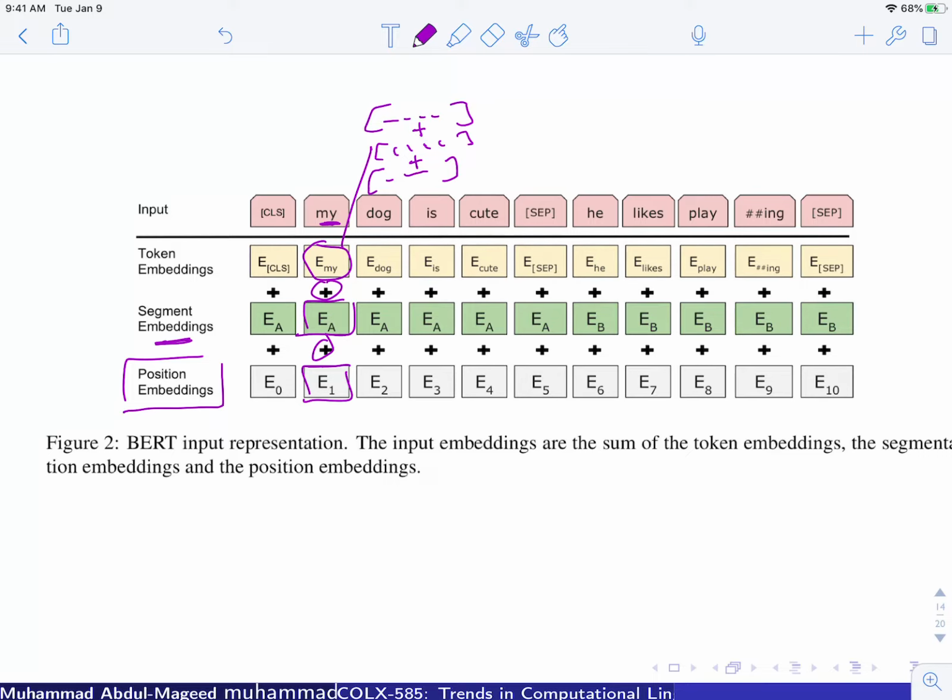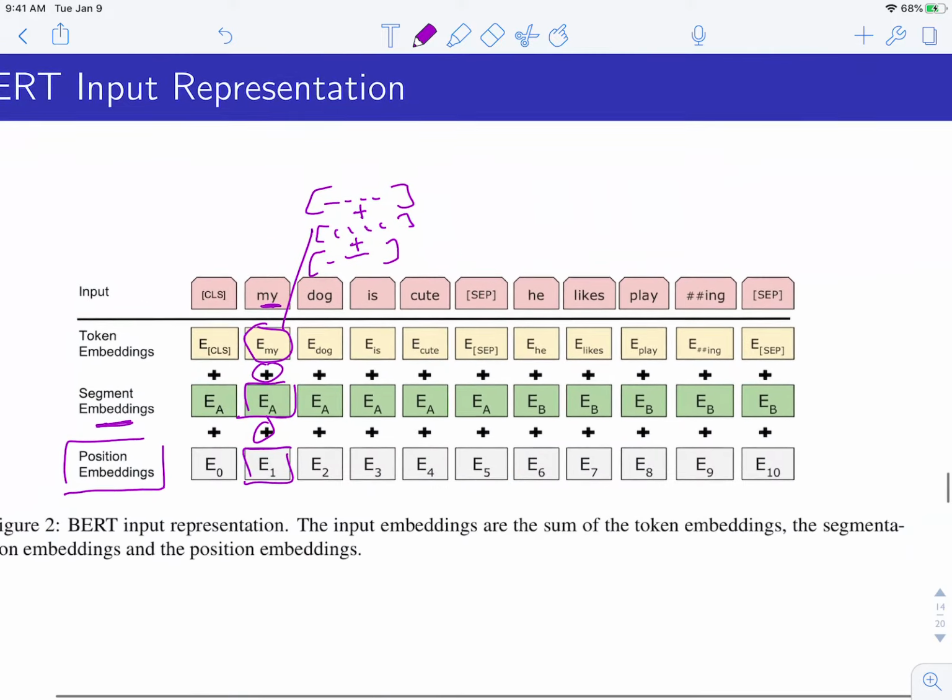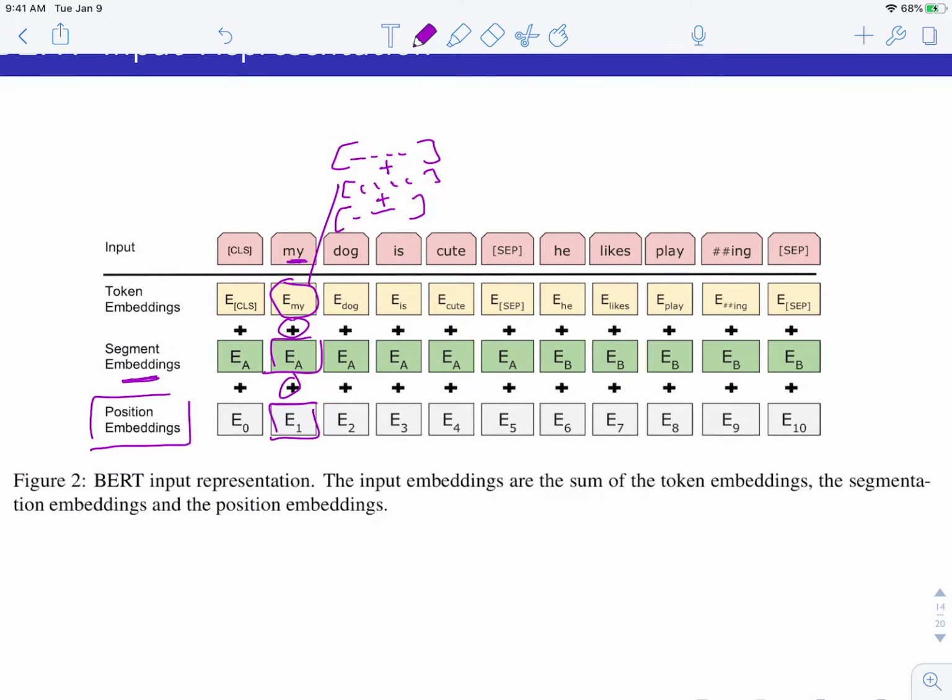In any case, we will come back to this slide. I just wanted to show you that there is this positional embedding here. And in this slide, they show that this is E for embedding, and the first sentence has E subscript A, and the second sentence has E subscript B, just to show that this is a different embedding.